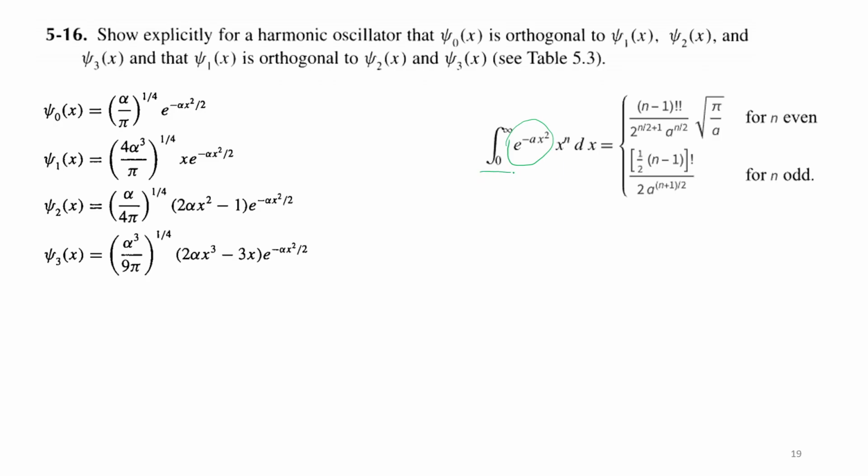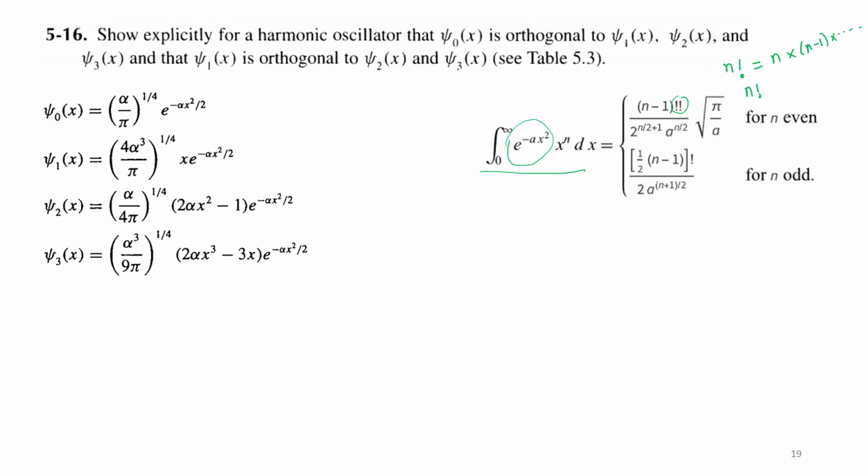Let me tell you one more thing: what does this double factorial mean? N factorial is n into n minus 1, and it goes on like that down to 1.